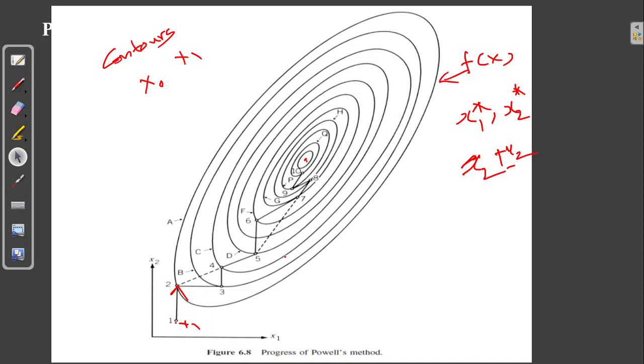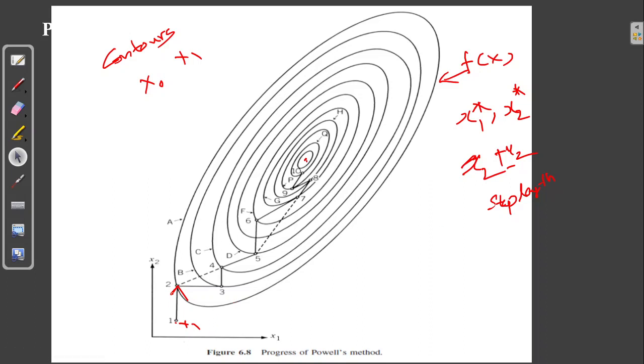For that you have to find another term, the step length, that is, how far you have to search in that particular direction. That we will find out, which is already discussed in the univariate method, so you can refer to that.